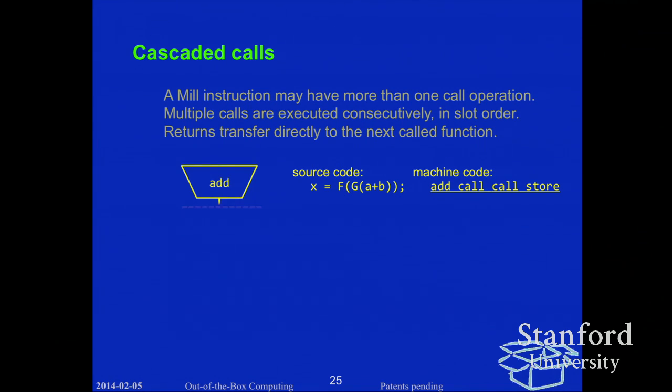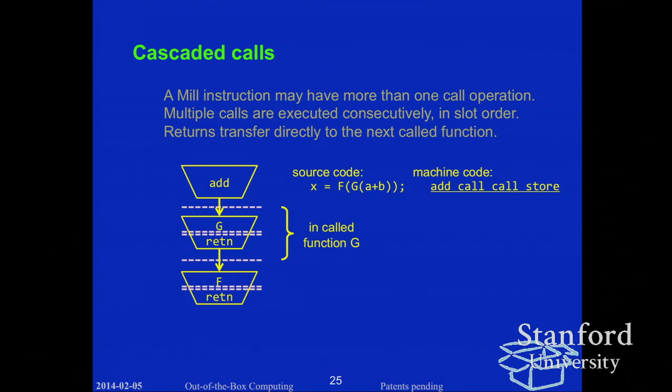And the add will feed G, which will run some number of operations in function G. That will return not back to the instruction containing the add, but directly into F, which will do some amount of work, which will eventually, the last guy in the cascade, return that value to the final store.